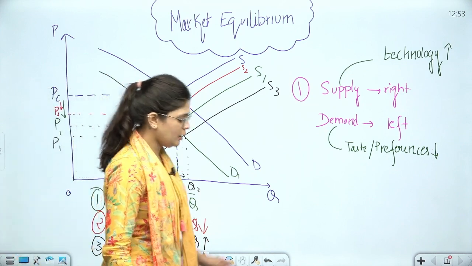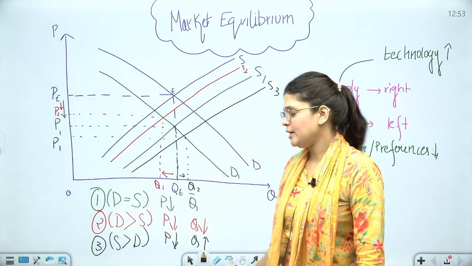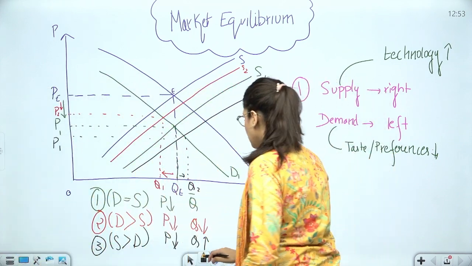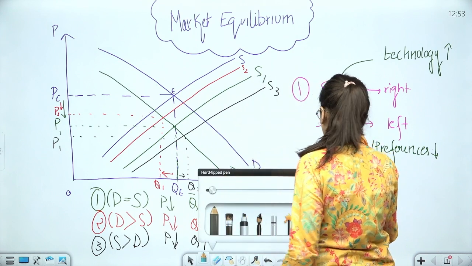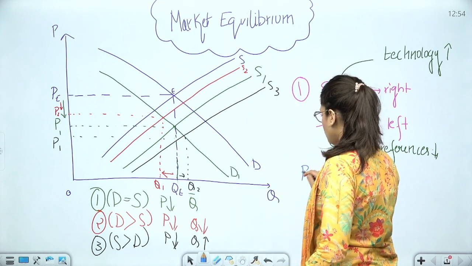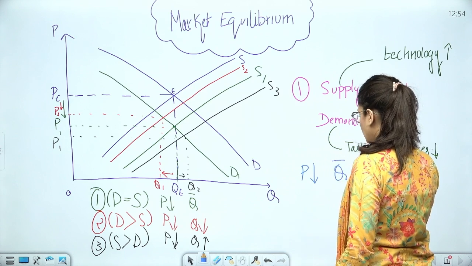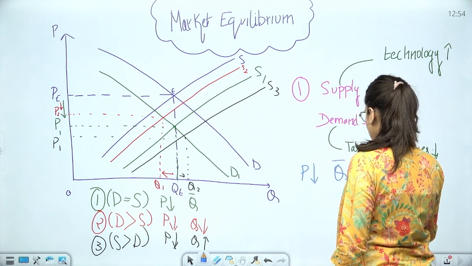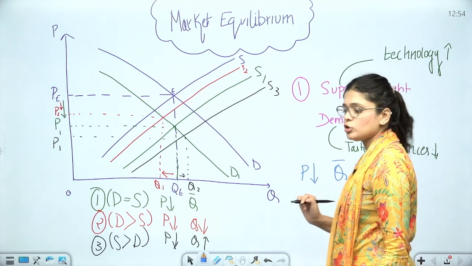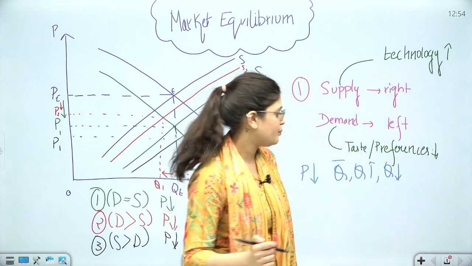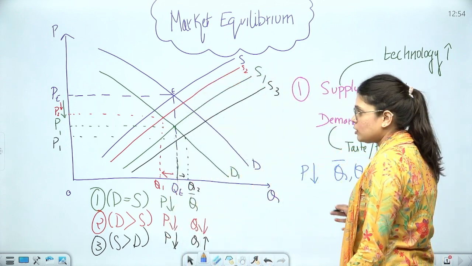So if supply is shifting towards right and the demand is shifting towards left, in this case we can infer that price will always decrease, okay, but the quantity may stay constant, may increase or may decrease depending upon the proportion of change in demand and supply. Okay, so this is how the market works together.